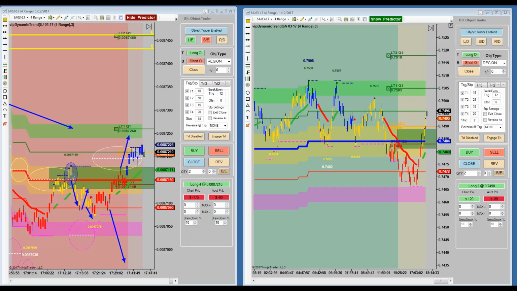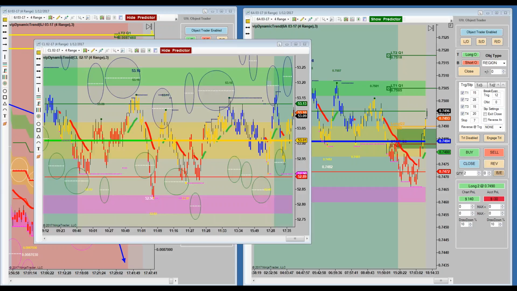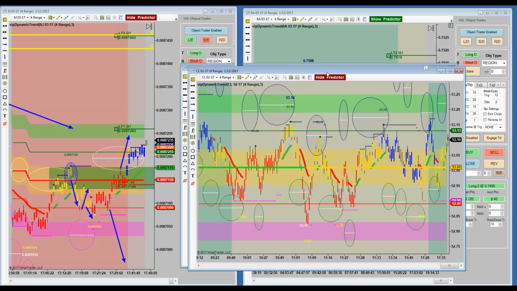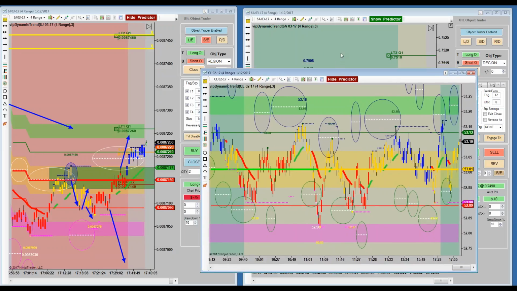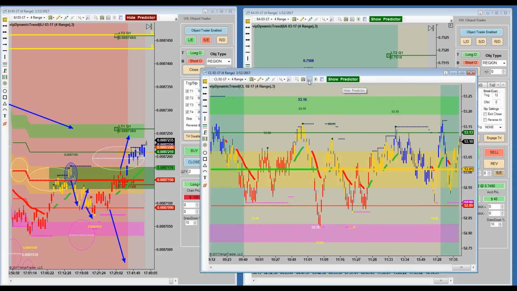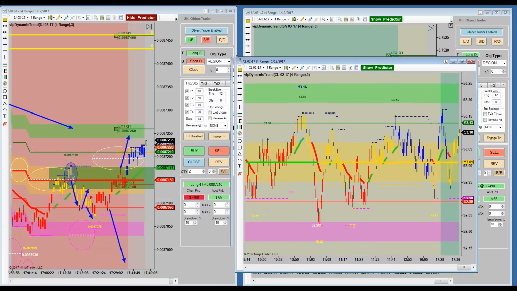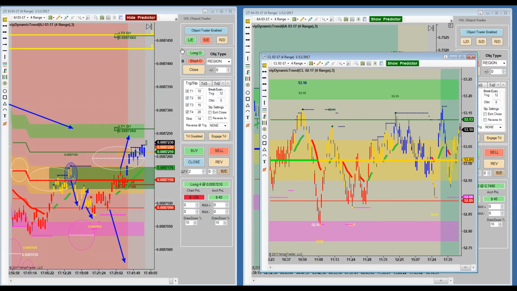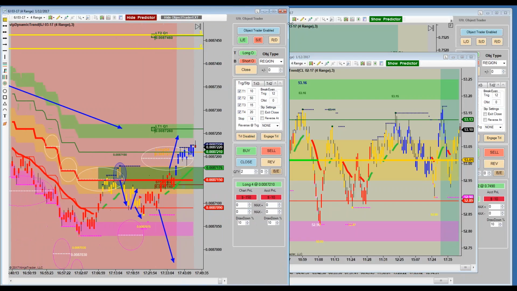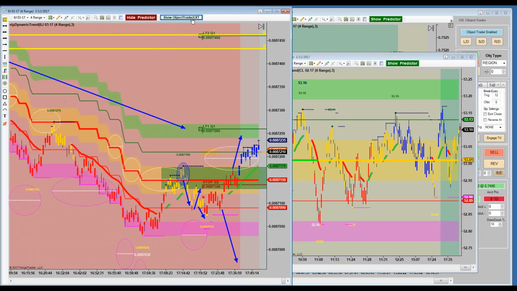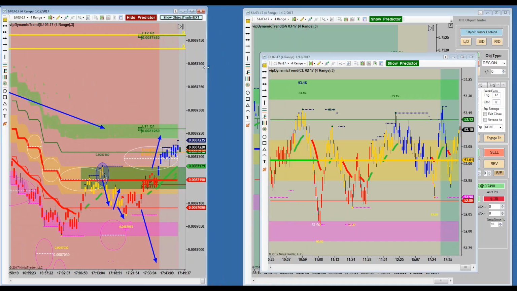Hey, okay, let me do this. Let me start pulling some other charts up. Here's crude oil right now. How many of you want to trade crude oil right now? I don't know about you, but I love this chart. Look how nice that is. Entries are real clear. I love a chart like that. Smooth.